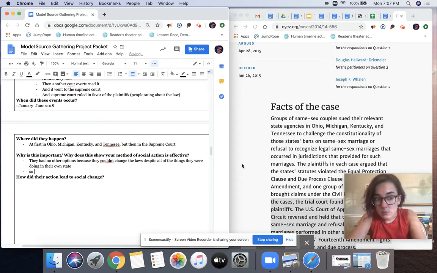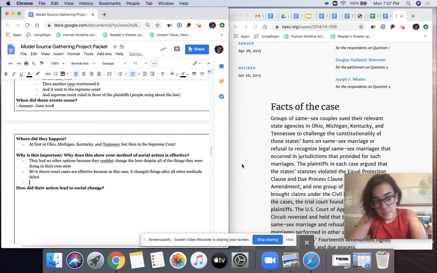So it shows court cases are effective because in this case, it changed things after all other methods failed, right?